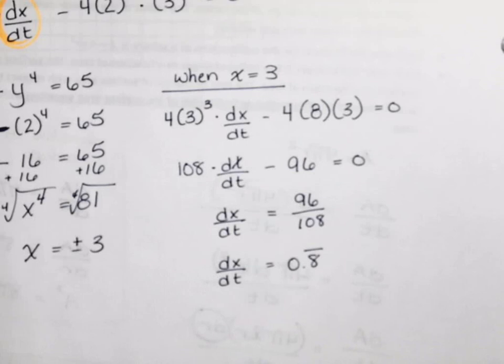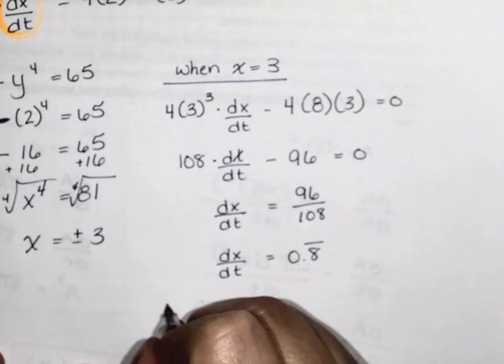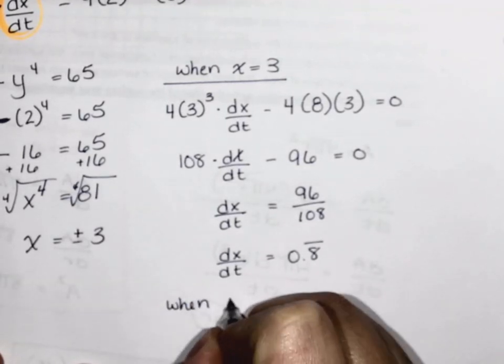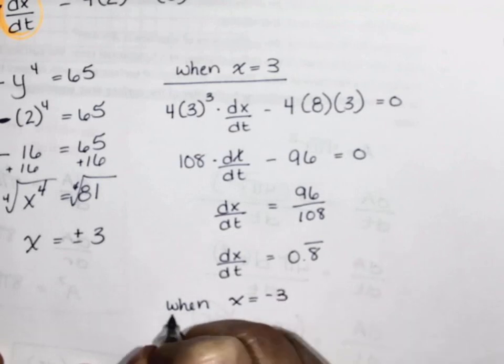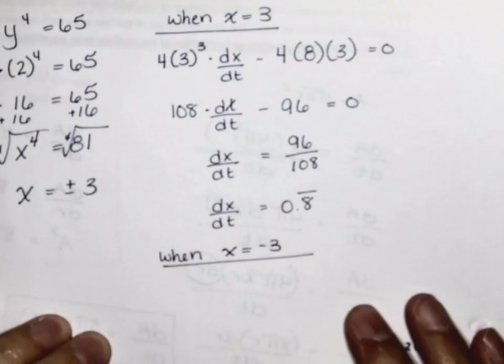All right, so now we're going to do this whole thing again when x is equal to negative 3. So we're repeating this.